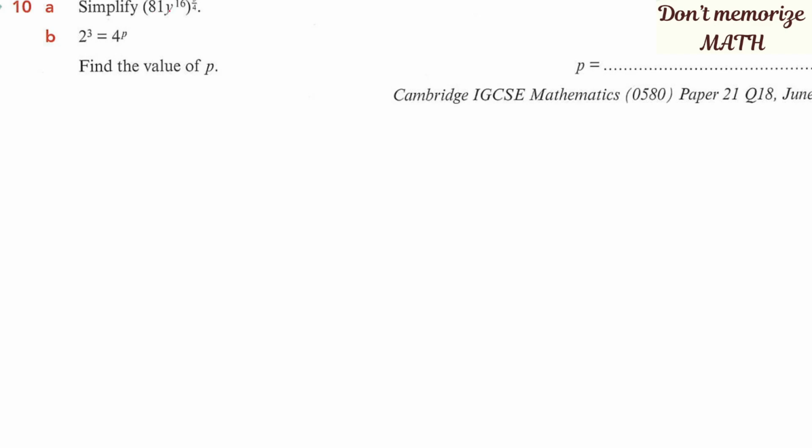If you have numbers like this and a power outside the bracket, this power is for each term inside the bracket. So you can write 81 power 3 over 4 and y raised to 16 power 3 over 4. How to find 81 power 3 over 4?